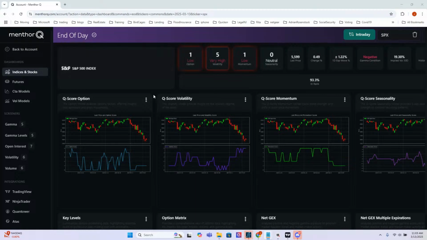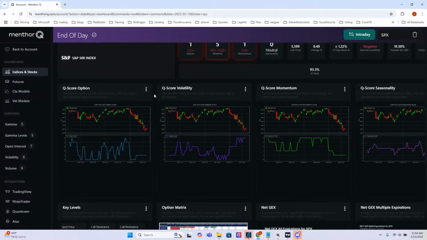He's got some scores related to options, volatility, momentum, seasonality. To be perfectly honest, I haven't actually used these. I've looked at them on a day-to-day basis, but I haven't used that as part of my plan.